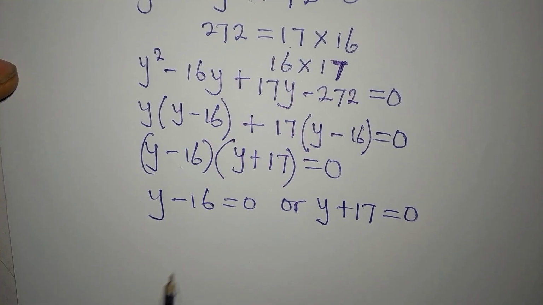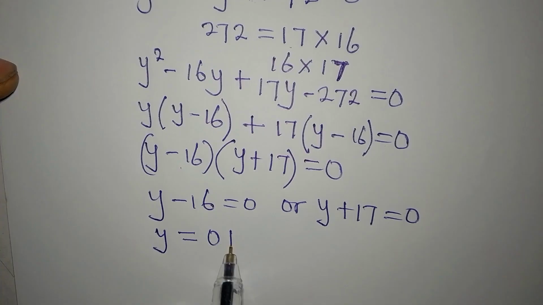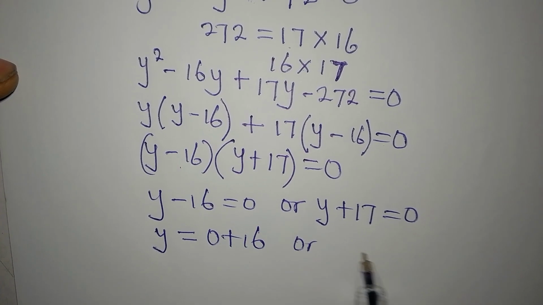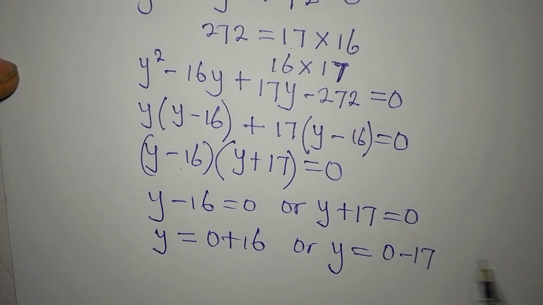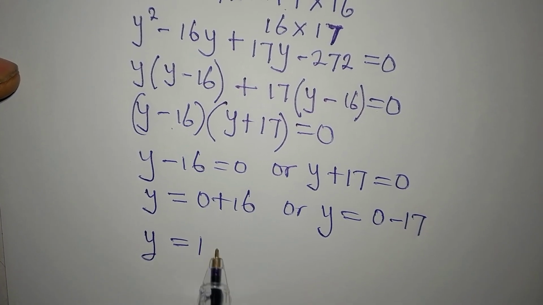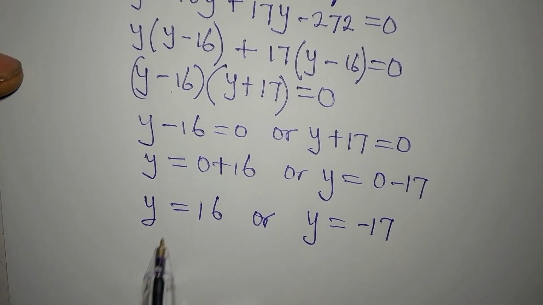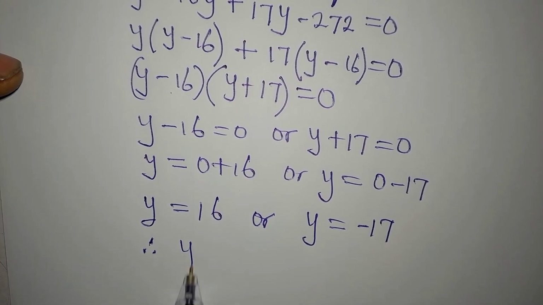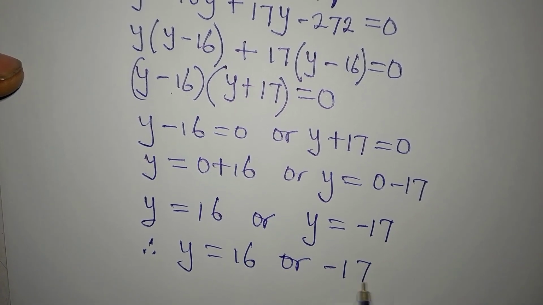Then y is equal to 0 plus 16, or y is equal to 0 minus 17. So y is 16, and from here y is minus 17. Therefore, our y is equal to 16 or minus 17.